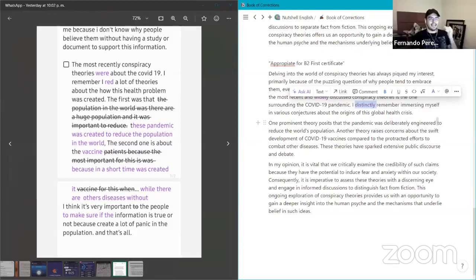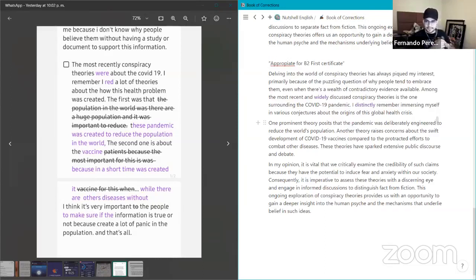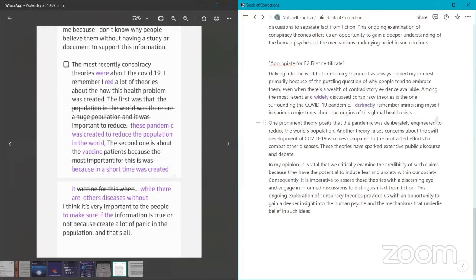I distinctly remember immersing myself in various conjectures about the origins of this global health crisis. Widely is an adverb. Excellent. Health crisis.